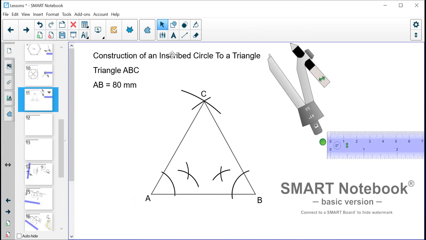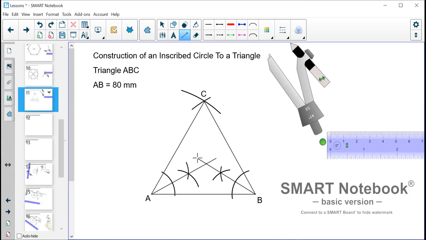Now, when you finish with that, you draw lines from A through that intersection. All right, from A through that intersection. And then from B through the other intersection. Now, where these two lines intersect, at that point, we label O, right?